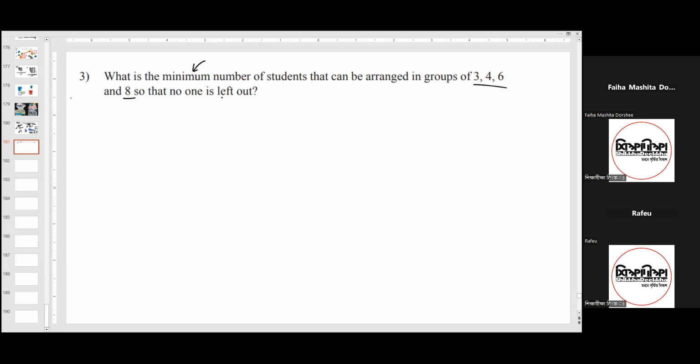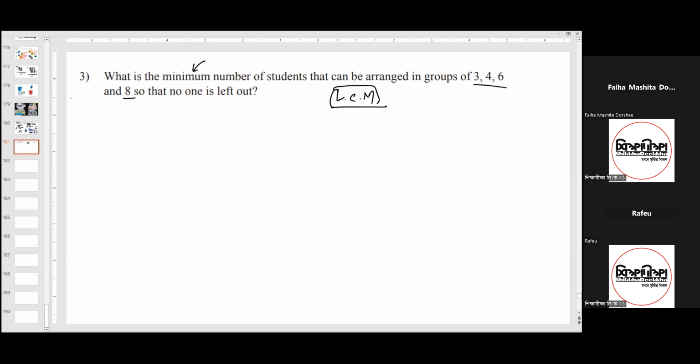Yes, sir. But no, my question is that in most cases, while I ask students, do you know how to solve it? They say yes. We have to find out the LCM. So my question is, how do you determine that you have to find out the LCM for the math?